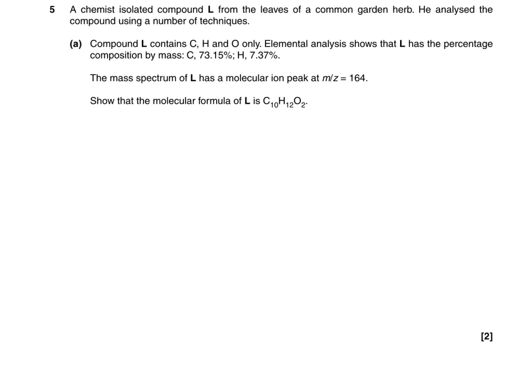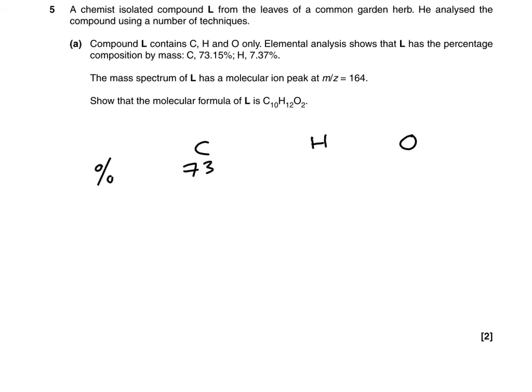Okay, so nice big space here for doing this calculation. We have carbon, hydrogen and oxygen, and we're trying to show that the molecular formula is C10H12O2. So I'm going to make a little table with this.